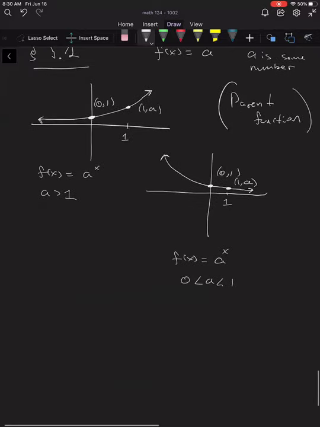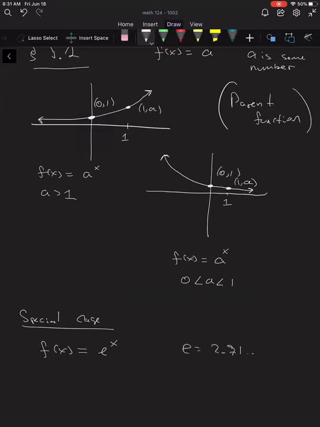And then there's one special case. This is going to be f of x is equal to e to the x. And e is just a number. e is equal to 2.71, and it goes on forever and ever, and it doesn't repeat. But all that matters is that e is bigger than 1.